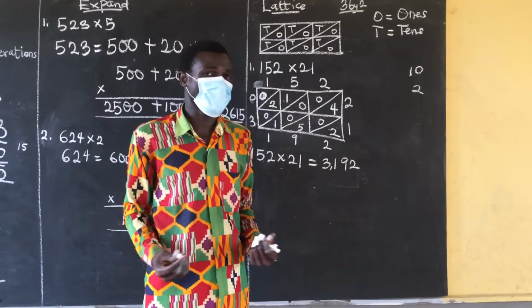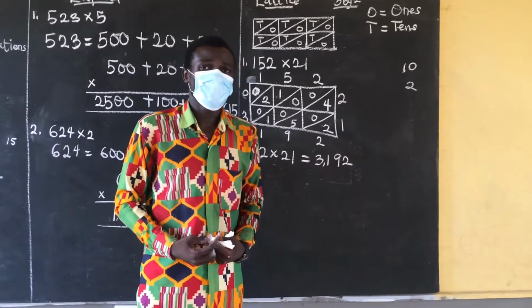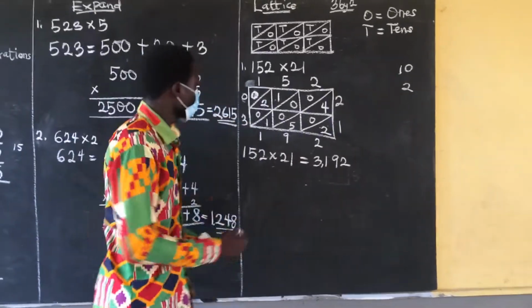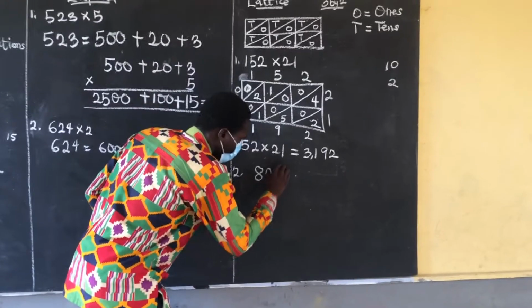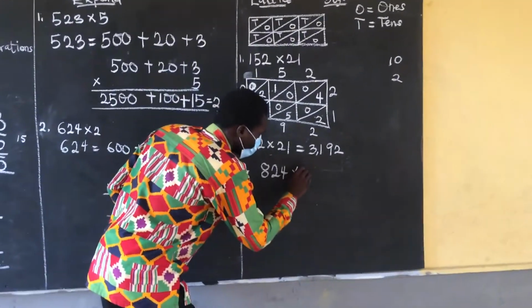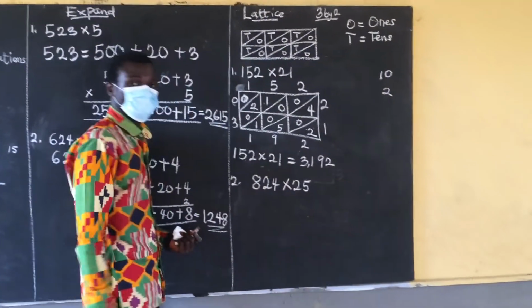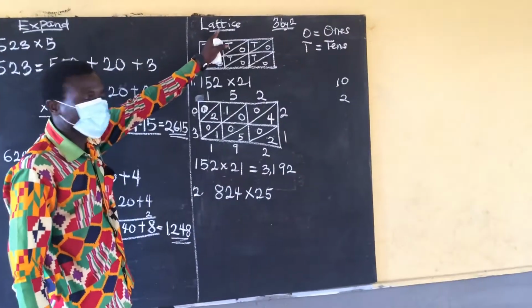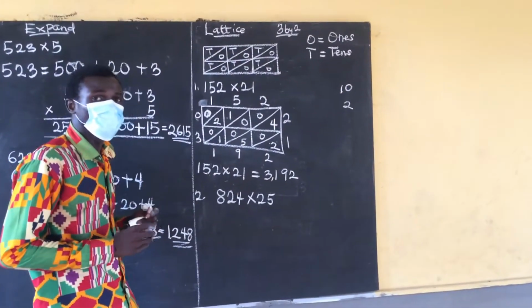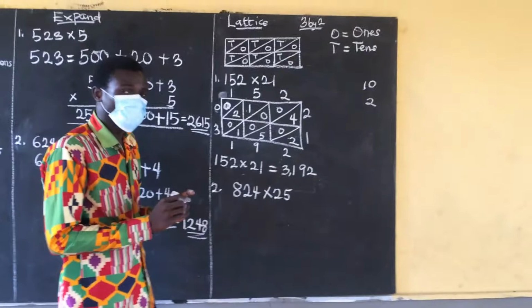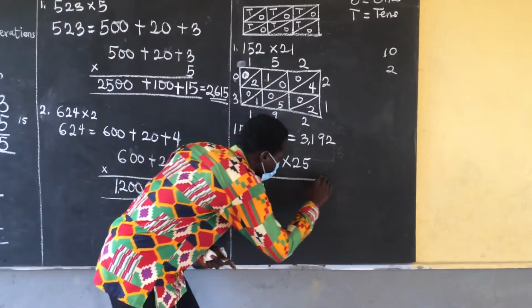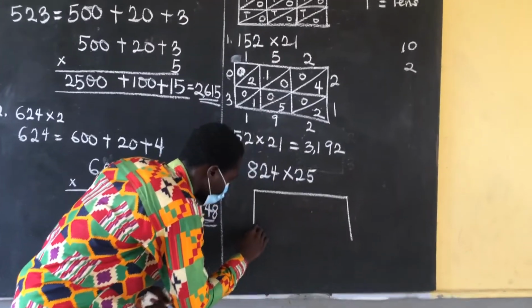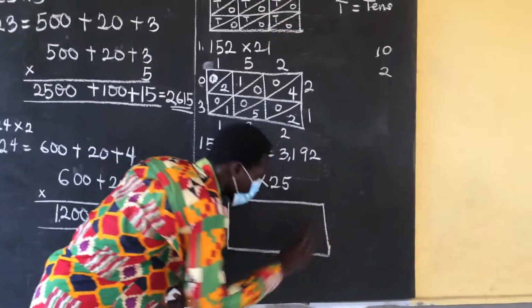Let's look at the last example under the lattice method. Let's say we have 824 times 25. I'm using the lattice method. What will I have to do? The first thing I'm going to do is to draw my rectangular box nicely.